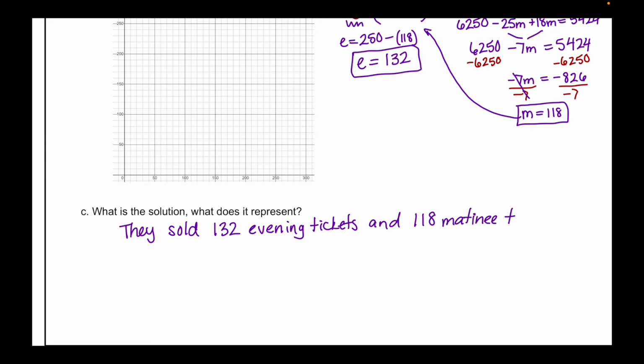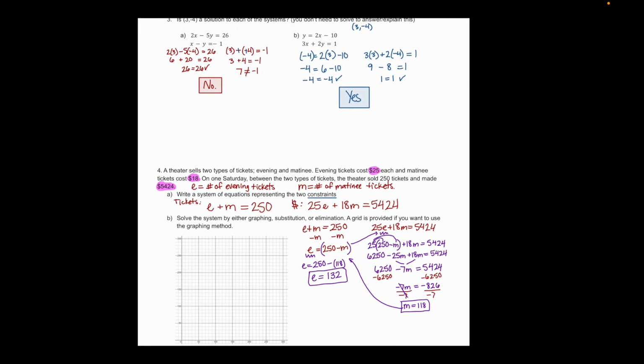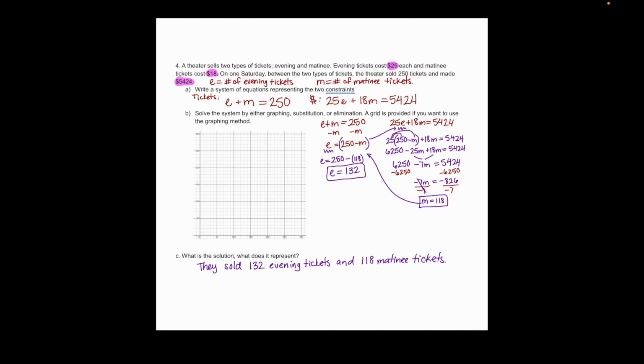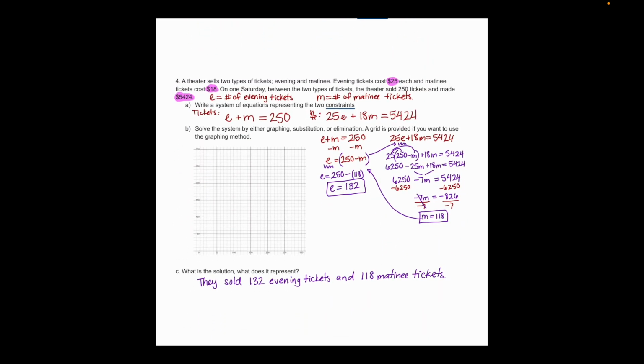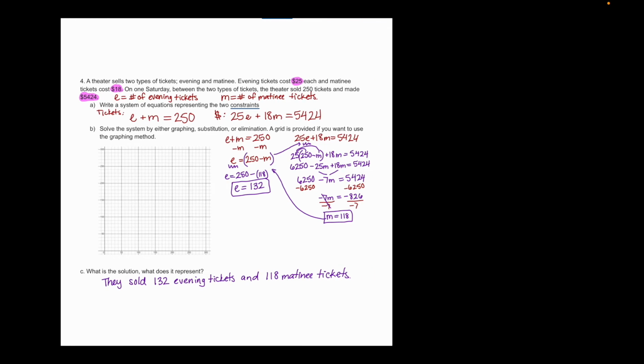And that both demonstrates what it represents, being the number of tickets, and also what the solution is, the actual amount of tickets. And that actually finishes up the back side of this page, which means we only have a couple questions left, and that's going to be our last page to work through together.